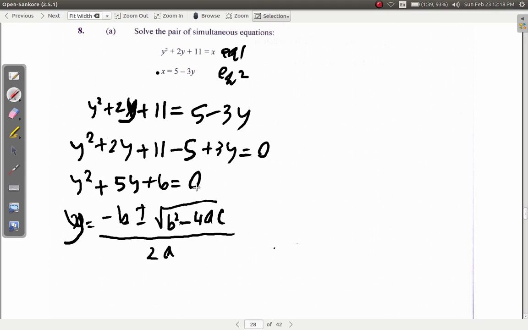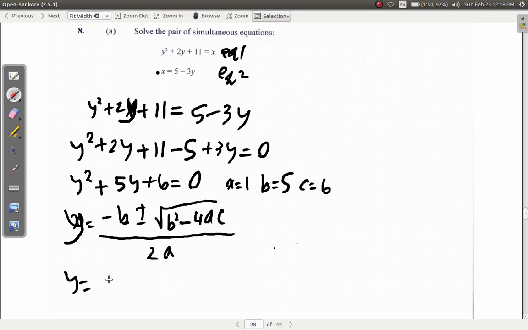Now you need to identify a, b and c. In this case a is the number that multiplies y squared, so a is 1. b is the number that would multiply y. It would multiply x in the other equations, but it multiplies y here, so it is 5. c is this last number here, 6.